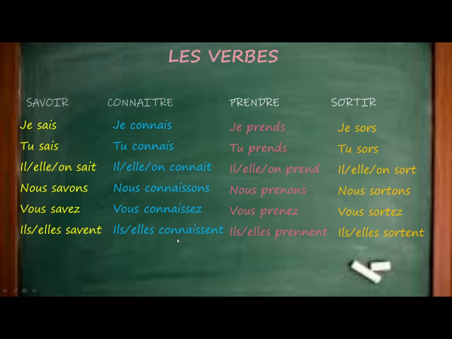For example, je connais la France. Je connais Enoch, and so on. So for a person or a place, we use the verb connaître, and for an action, we use the verb savoir.